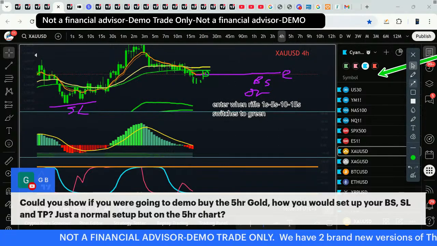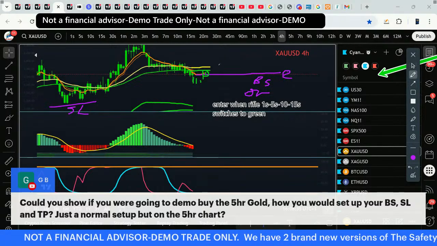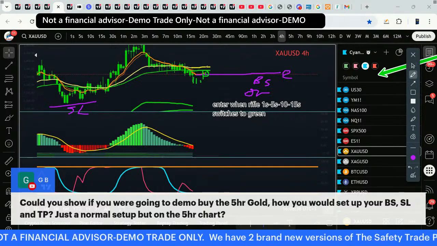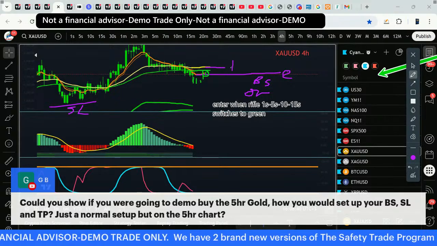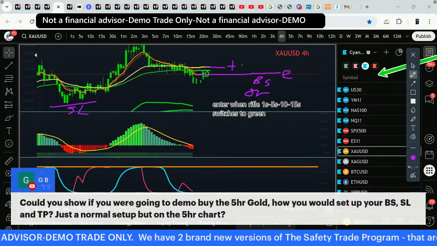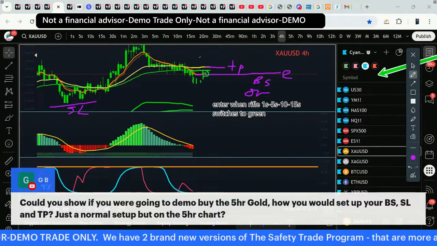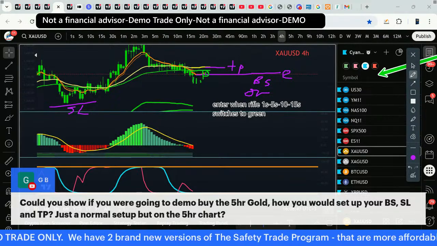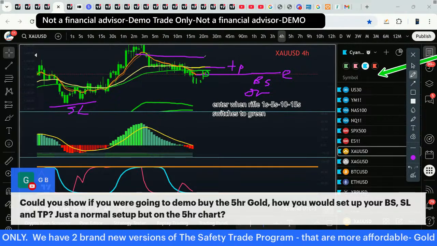Now, your take profits. Take profit one, when you see a setup like this, will be the yellow line. This will be your take profit one. Your take profit two will be, and I love this, the orange line.